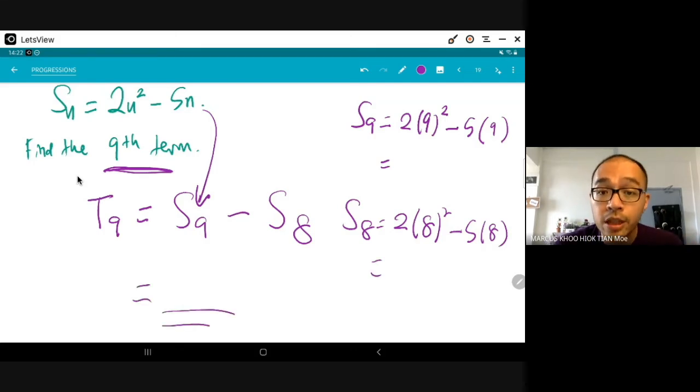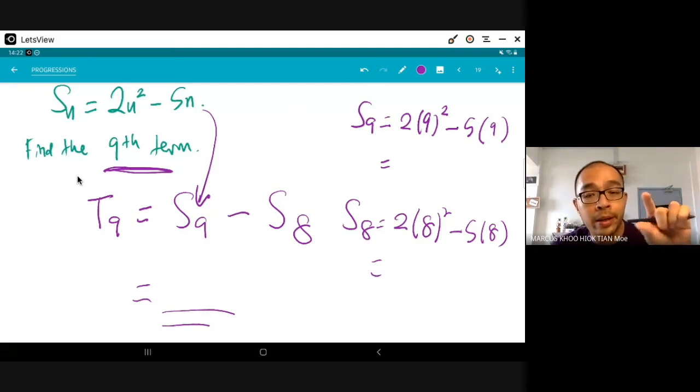So sometimes the situation is like that. Dia bagi kamu Sn, tiada a, tiada d. Tidak payah kamu susah-susah cari a dan d. Use the information that you know. T9 is jumlah yang ke-9 tolak jumlah yang ke-8. Tinggal yang ke-9 yang kamu kena cari.